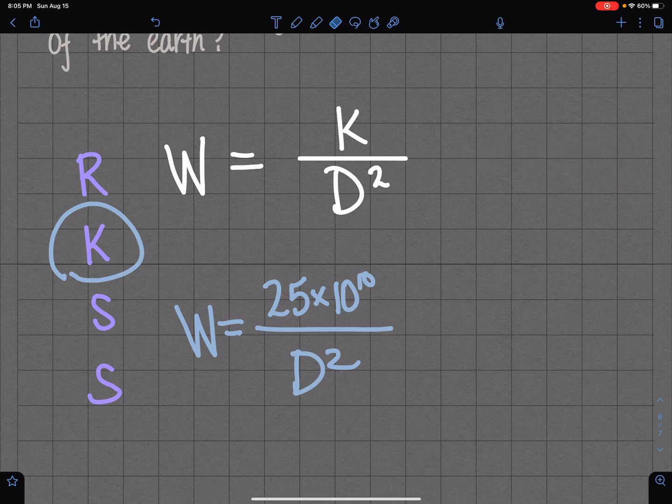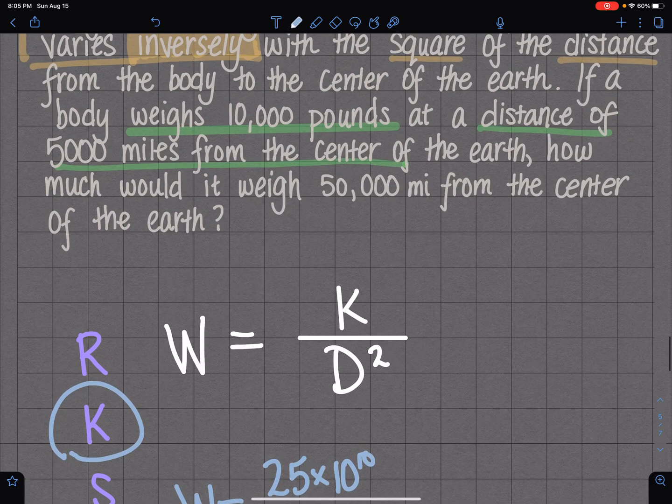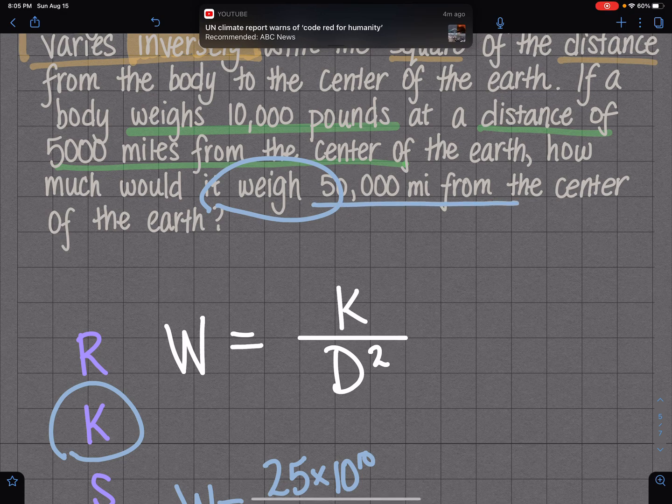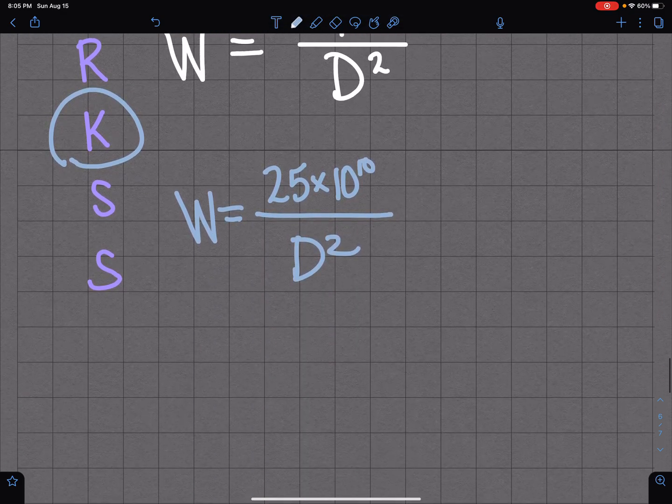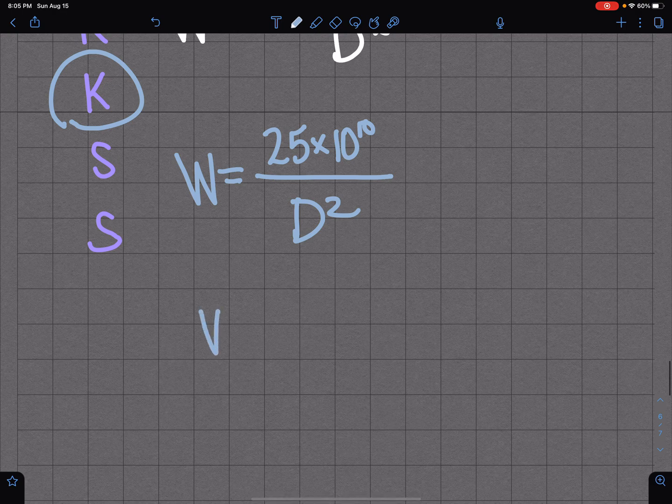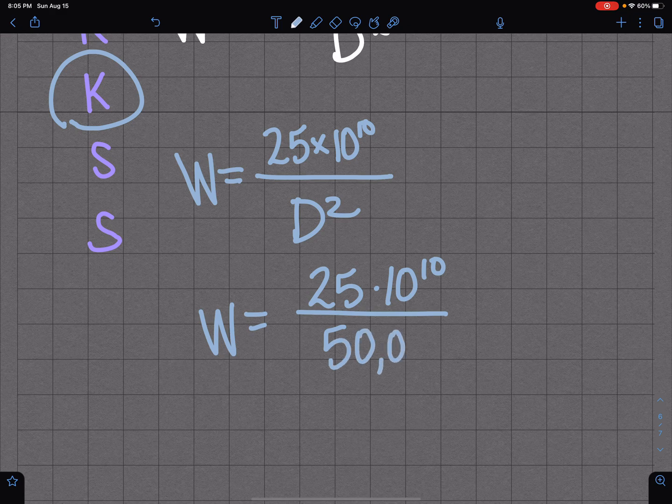Okay, and then stick in the other parts of the equation and solve for the unknown. So how much would it weigh? They want to know w if it's 50,000 miles from the center of the earth. They want us to solve for that. If it's 50,000, and don't forget to square it.